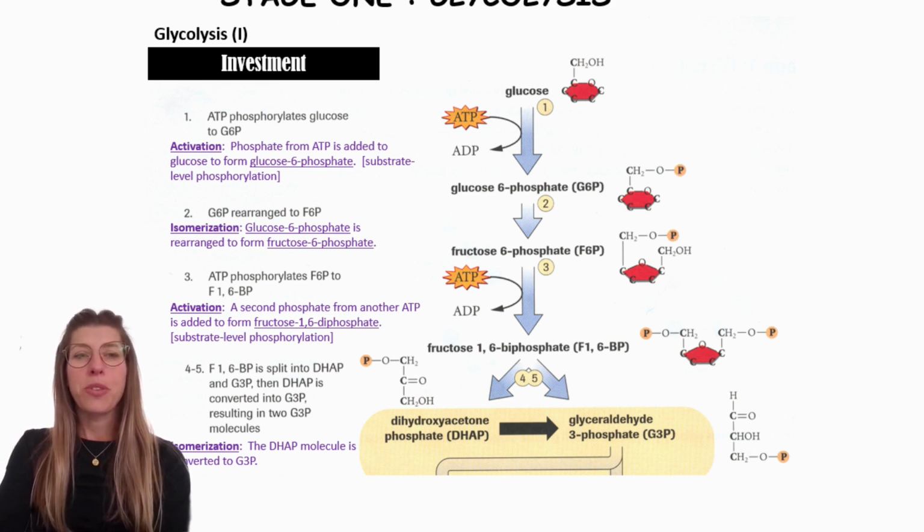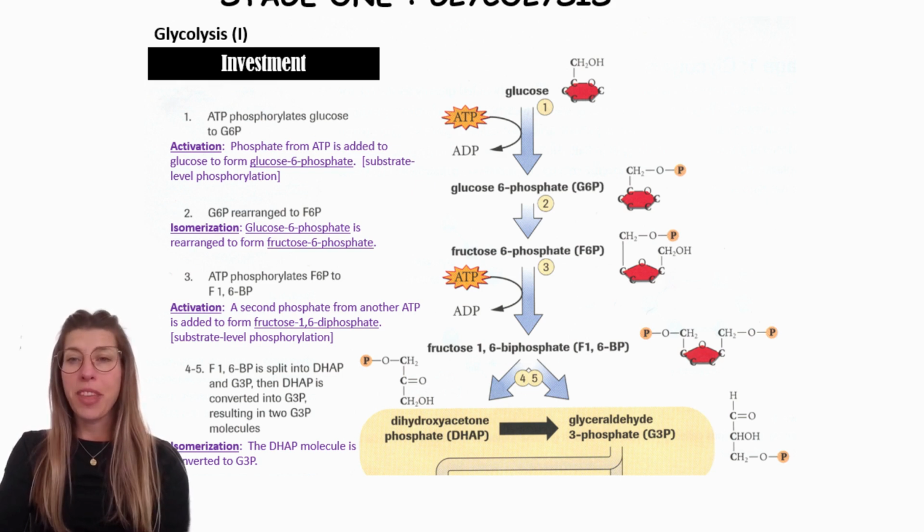Step 2. So we have that G6P, that glucose molecule with a phosphate group attached because of phosphorylation. And it's rearranged, reconfigured into a form called F6P. You can see on the very right-hand side of step 2 there, that glucose molecule is rearranged a bit to make it into a fructose instead of glucose.